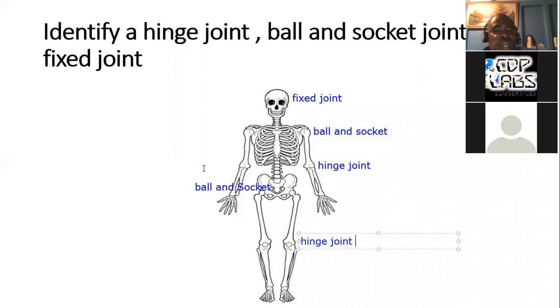Is there anywhere else on the skeleton you would find a fixed joint? Nobody can tell me? Anywhere? All right, I am going to guess. You can research it and tell me if I'm wrong. You see this area right here?